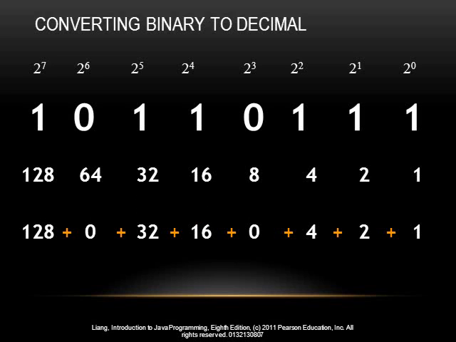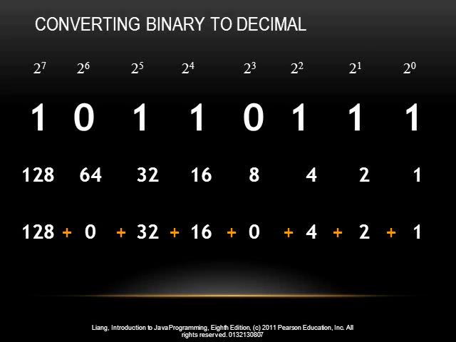Now, in order to find a decimal value for this binary number, we are only concerned about the positions that have a 1 in the binary number. And so we would take 1 times 2 to the 0, and that would give us a 1. And 1 times 2 to the first, and that would give me 2.